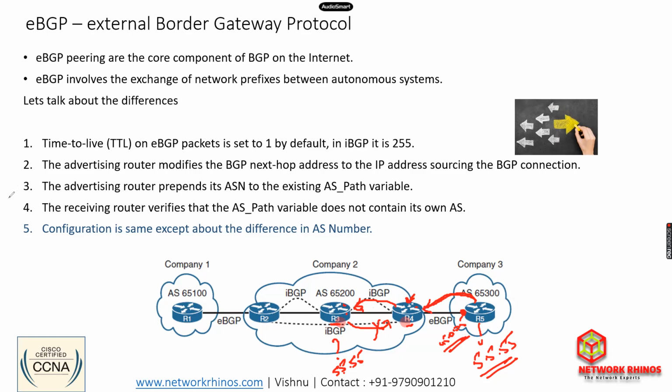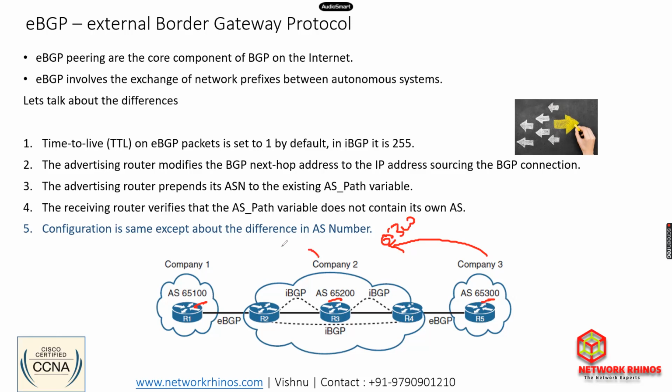And also in eBGP, the advertising router prepends the ASN to the existing AS path variable, which means whenever a BGP enabled prefix flows from one AS to another AS, they always prepend or add their own AS number before sharing to the neighbor. So when the IP goes from company 3 to company 2, it goes with the 65300 AS number.